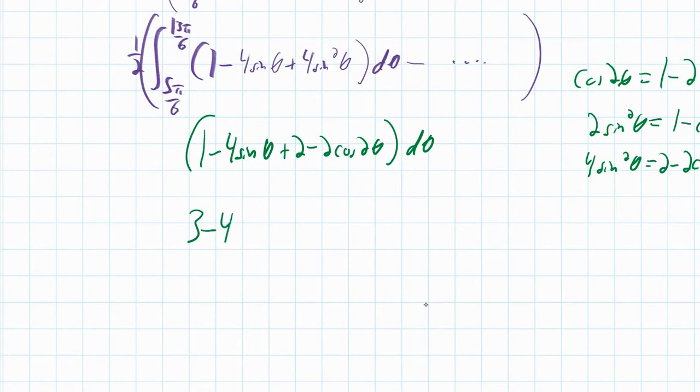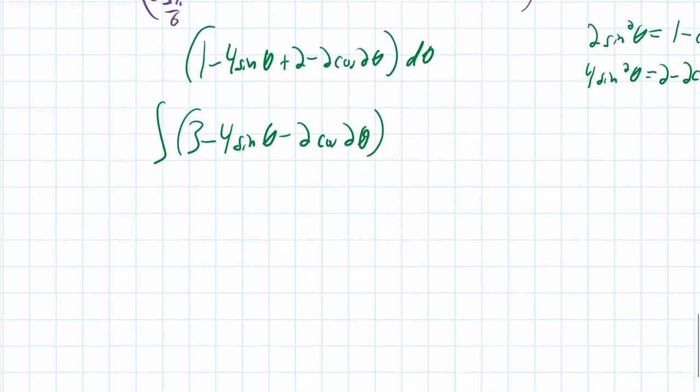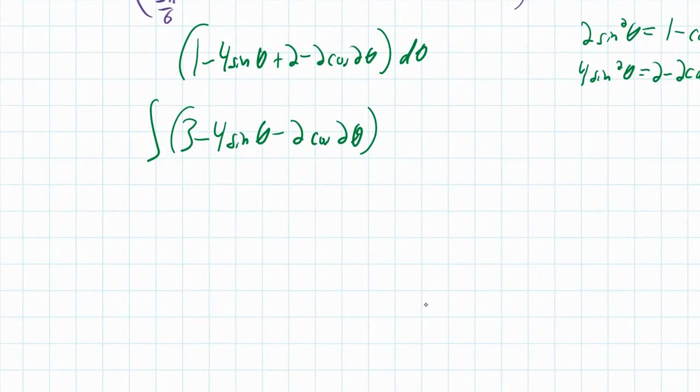3 minus 4 sine of theta minus 2 cosine of 2 theta. Still have an integral. So now we get 3 theta minus the integral of sine, which is negative cosine. So this becomes plus 4 cosine of theta minus sine of 2 theta.